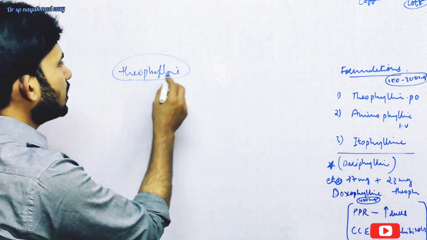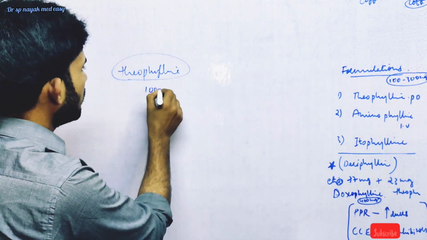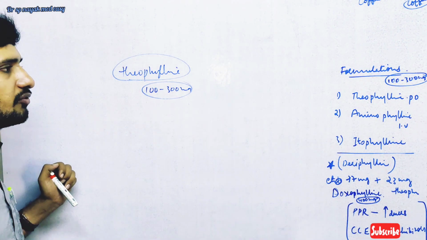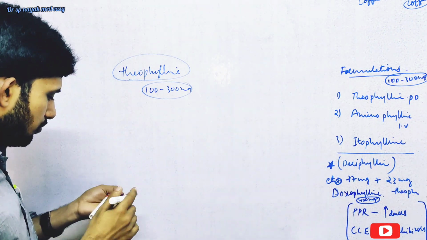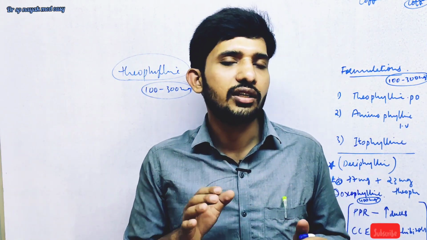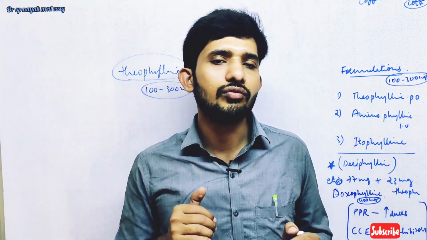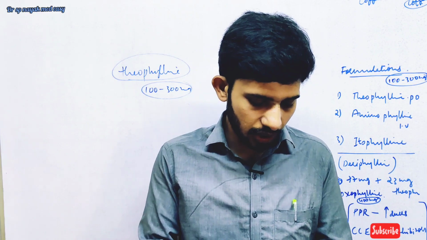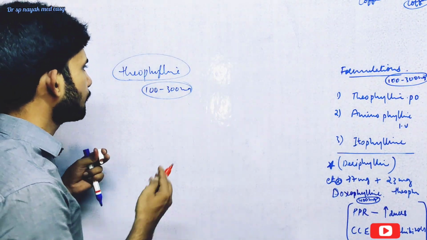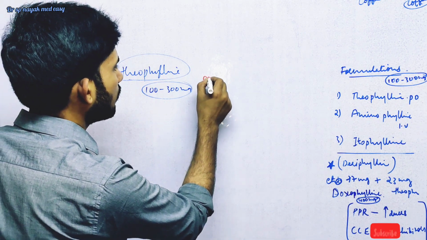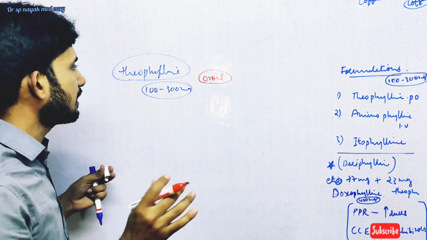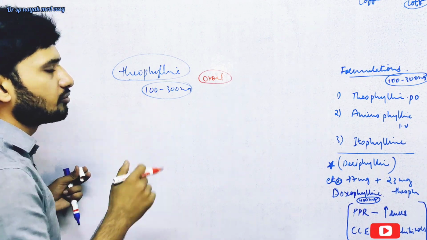Okay, so the common dose of theophylline is 100 to 300 mg. And remember, in this theophylline we have different molecules. Theophylline is not water soluble, it is insoluble in water, and that is the reason theophylline is used by the oral route. Oral sustained release tablets are available in the hospitals.